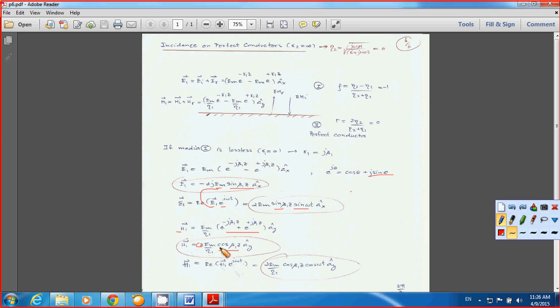Since H1 is the real number, you pick up the real part of this term, which becomes cosine omega t. You have H1 become 2 EM over eta 1 cosine beta 1 z cosine omega t. This is cosine beta 1 z. So it looks like a standing wave, right?